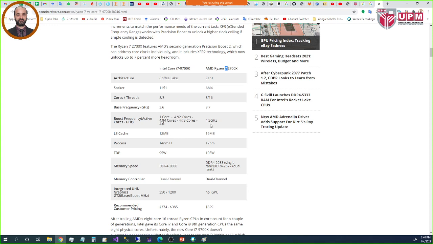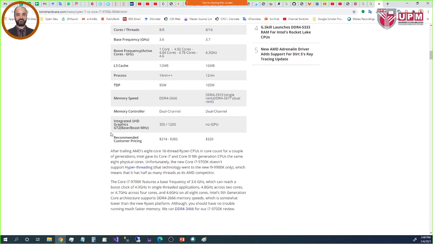And as you can see here, the boost frequency from here and here, and also the L3 cache, process, TDP, memory speed, memory controller, integrated UHD graphics, like that. This one, no iGPU. And the price is like this. So as you can see, the price is much cheaper and the performance is quite interesting.